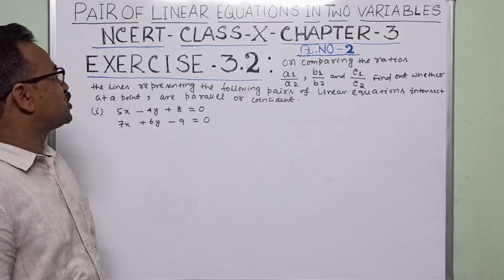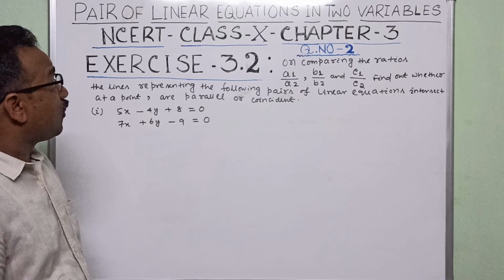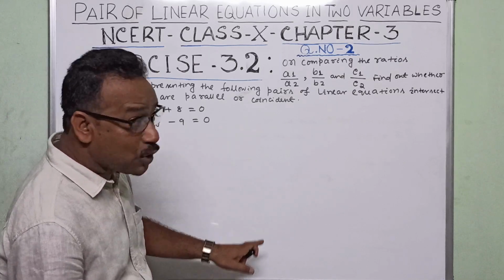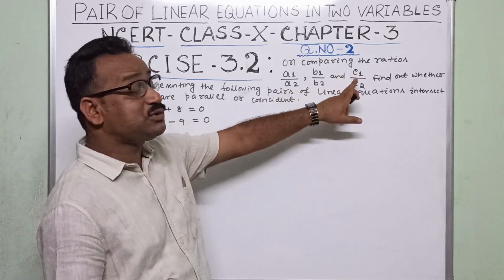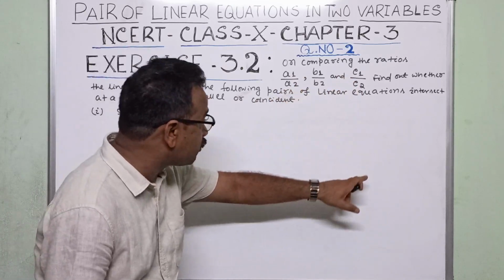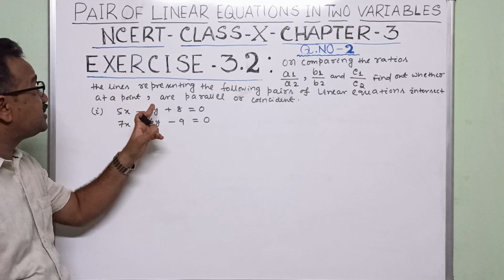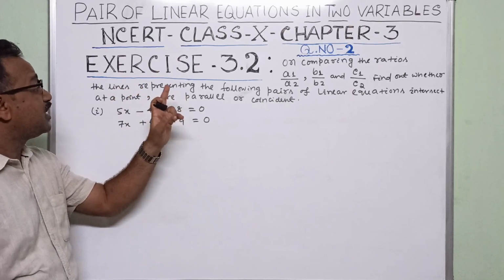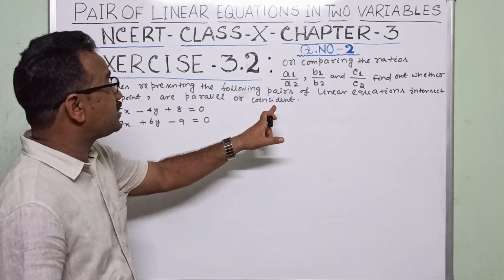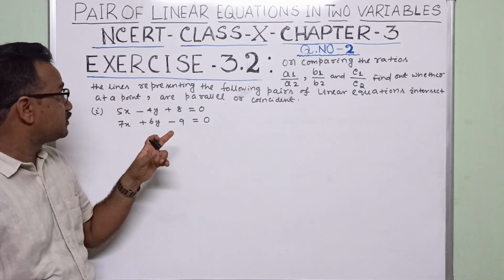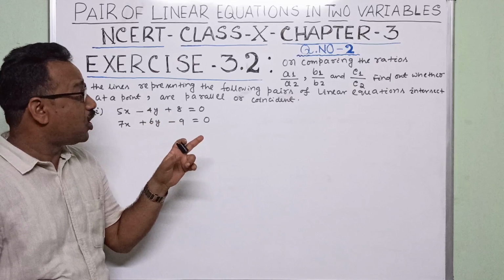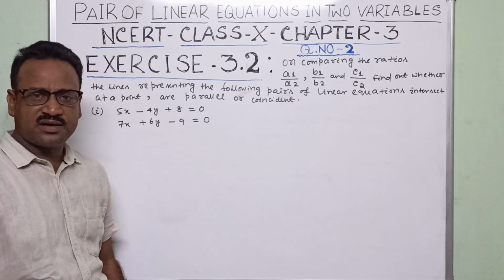Now move on to question number 2. On comparing the ratios A1 by A2, B1 by B2 and C1 by C2, find out whether the lines representing the following pairs of linear equations intersect at a point, are parallel or coincident.